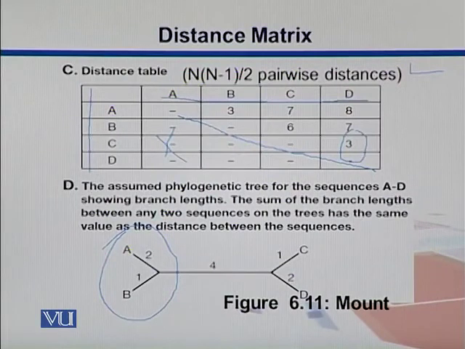We can go from A to C, so we have 2 plus 4 plus 1, so they are at a distance of 7, which is right here. We can see A and C are separated by a distance of 7. In this way we can come up with a tree where we can accommodate all of them while keeping in mind that any movement from one leaf to another adds up the distance coming from the branches between them, so that is equal to the distance matrix.